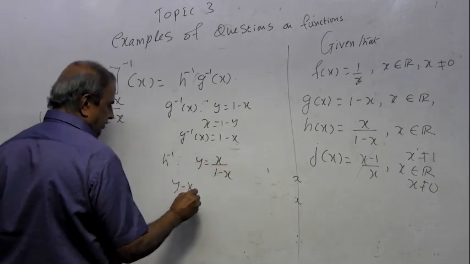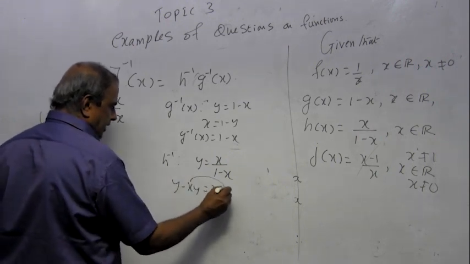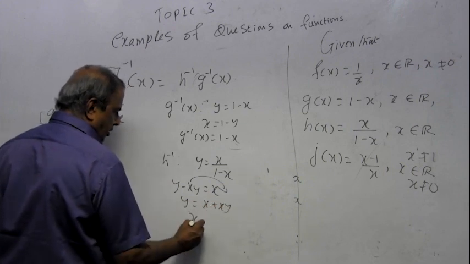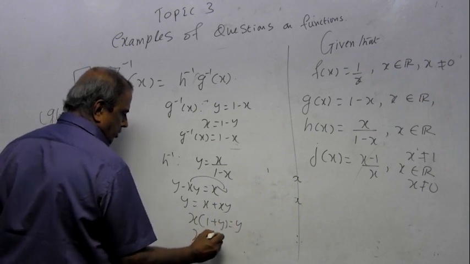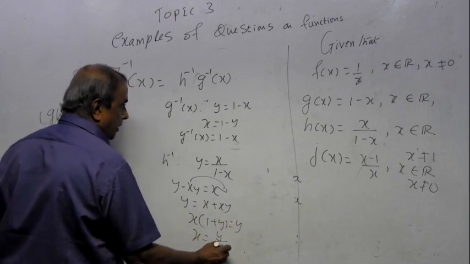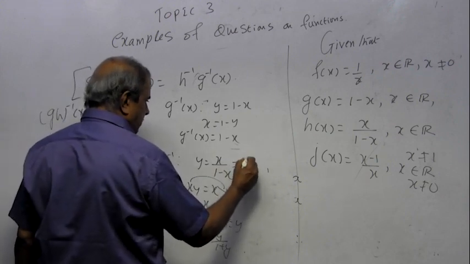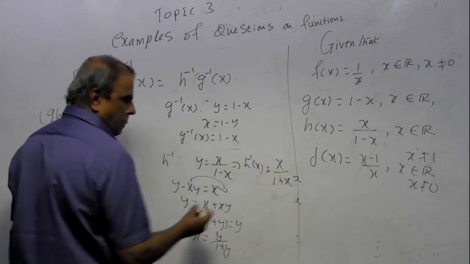So y minus xy equal to x. So take this to the other side. y equal to x plus xy. So x times 1 plus y equal to y. So x equal to y over 1 plus y. So h inverse of x is x over 1 plus x. Very good.